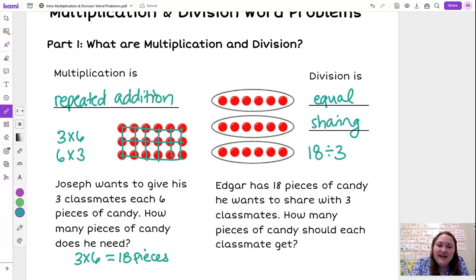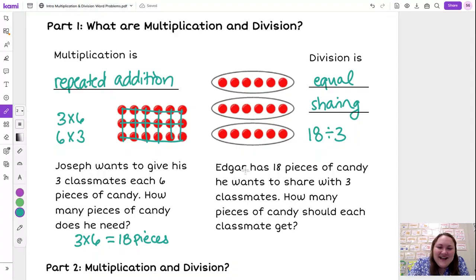So in a story, if you see words like dividing, obviously, but also words like sharing or splitting up, cutting up something into equal sizes, that means division. So for example, Edgar has 18 pieces of candy. He wants to share with his 3 classmates. How many pieces of candy should each classmate get?